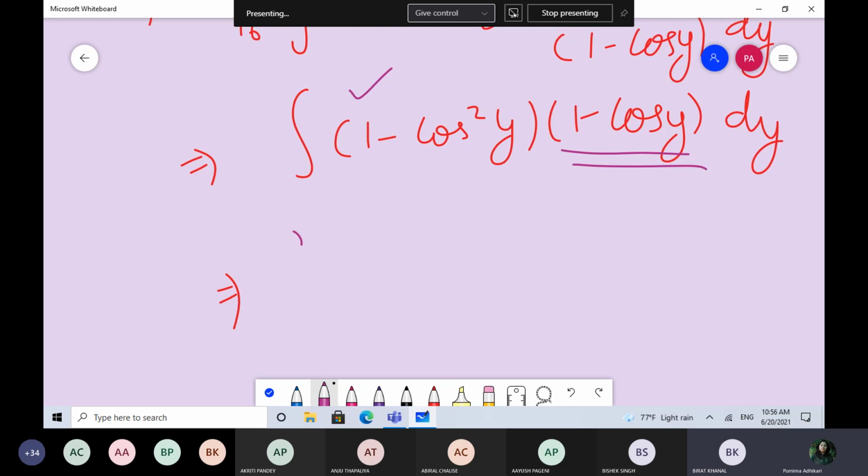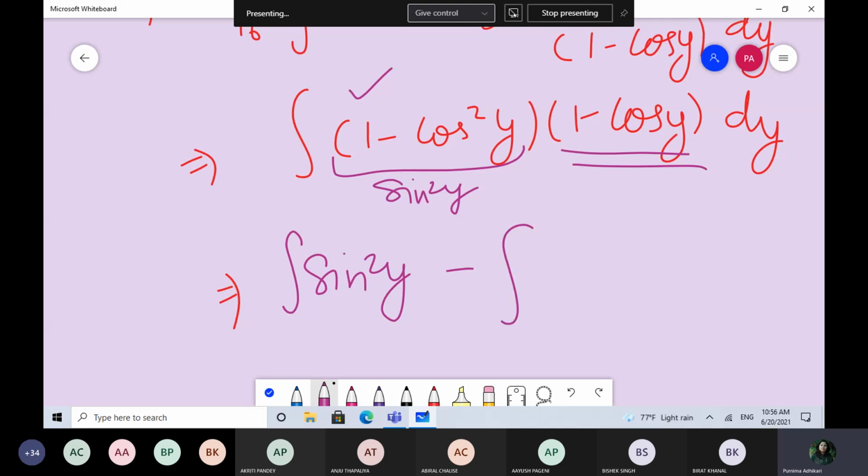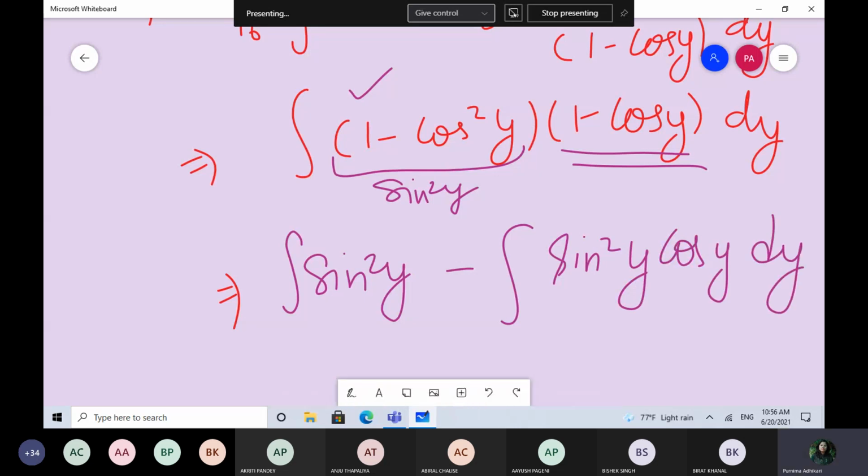So you will get the first integral as sin square y, like that. Your first term will be sin square y, minus your second term sin square y cos y. That's it. Now you see you have got two integrals.